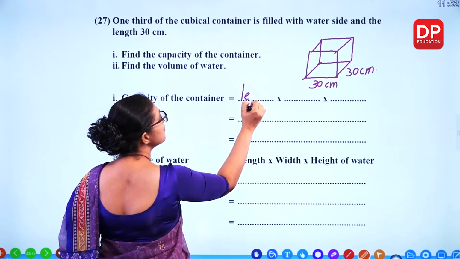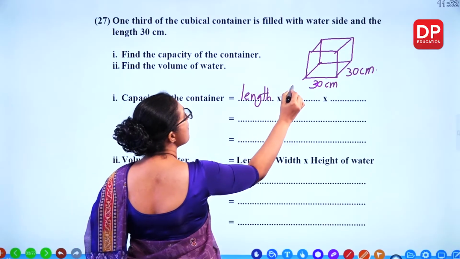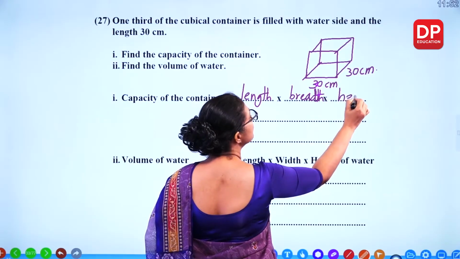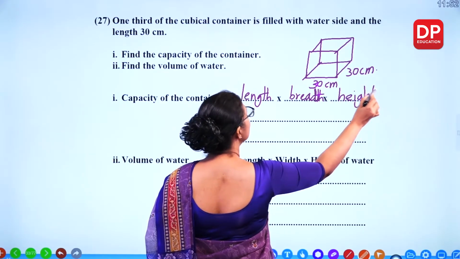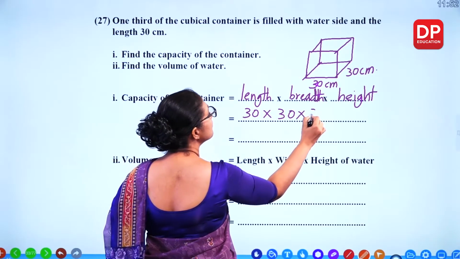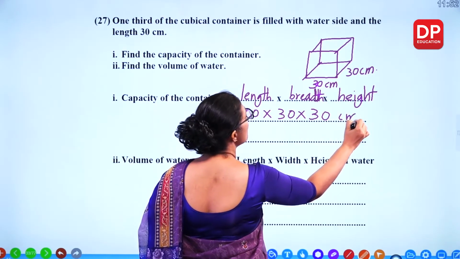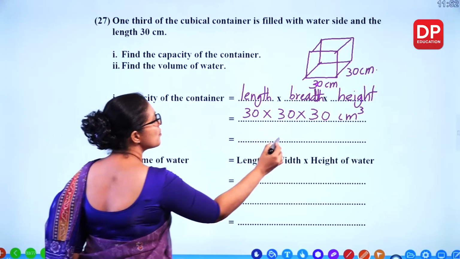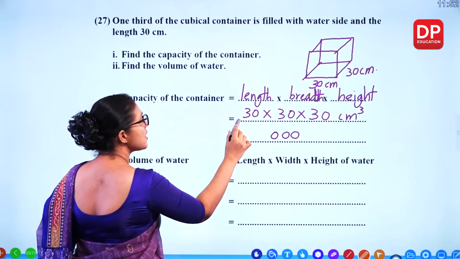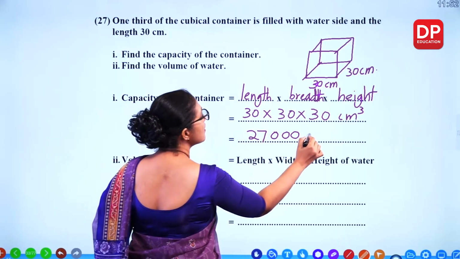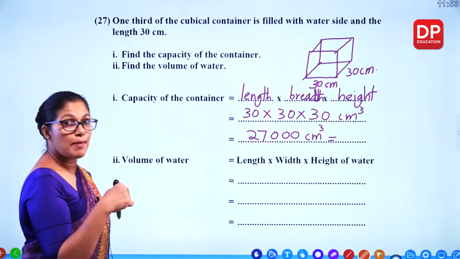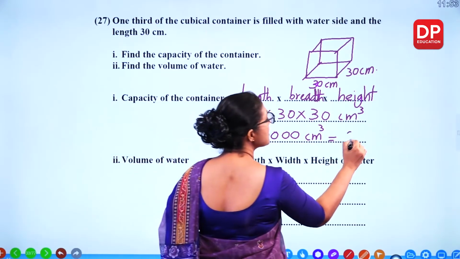So length, breadth, height: 30, 30, 30. This is in cubic centimeters. So put 3 zeros, and 3 times 3, 9, 9 times 3, 27. Or I can write, this is milliliters, divided by 1,000, 27 liters.